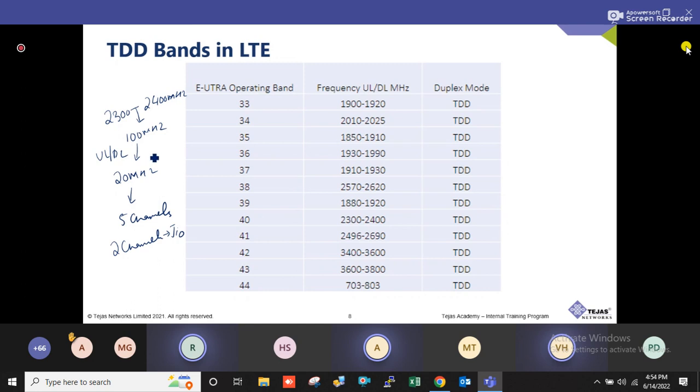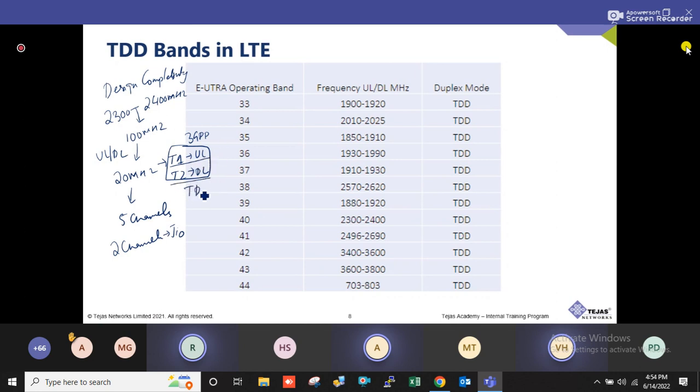But there are some challenges with TDD, because there are design complexities. We need to allocate this frequency for a certain amount of time, let's say T1 time for upload and T2 time for download. This is also defined in the 3GPP specification: how much time should we allocate for upload, how much for download.